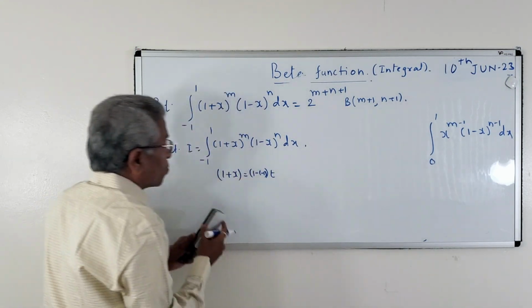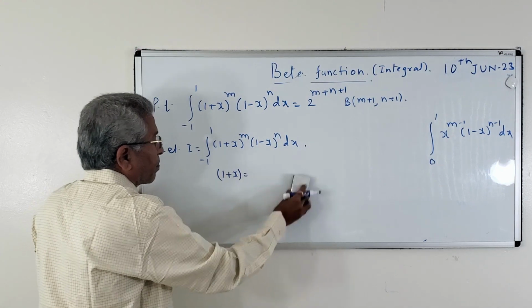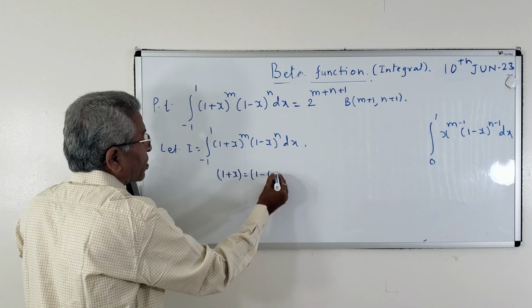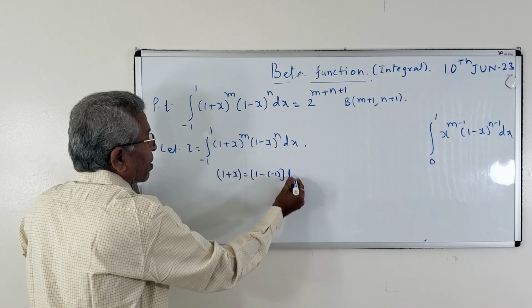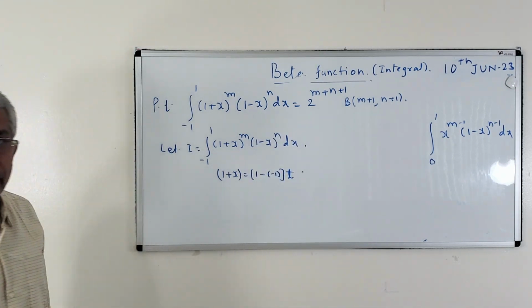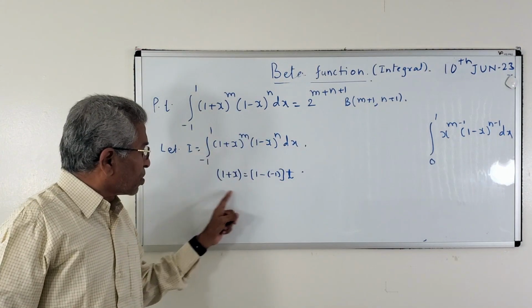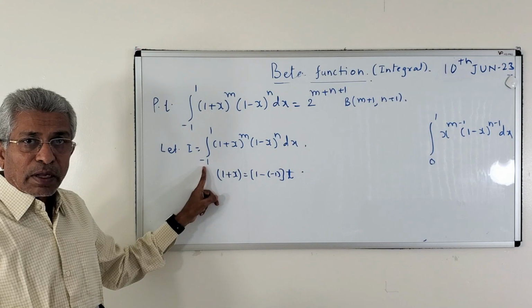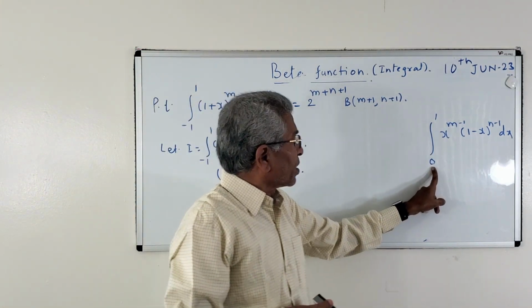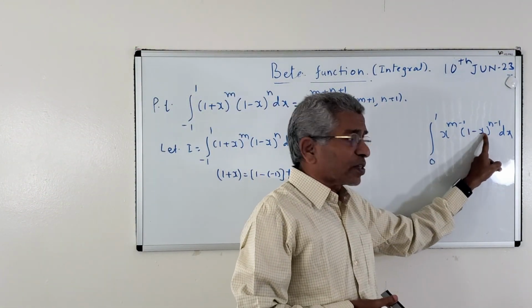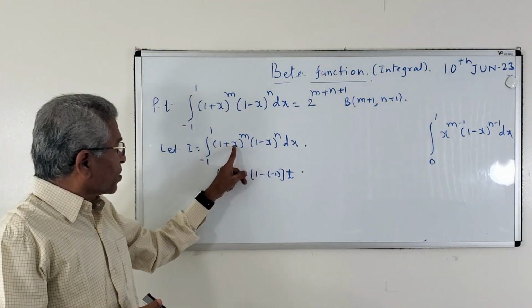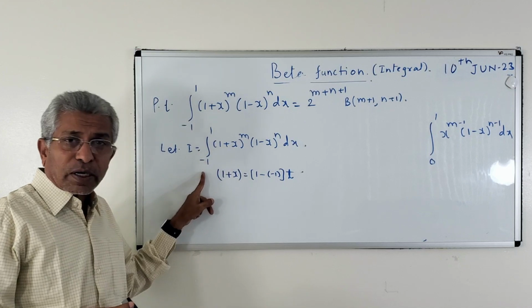Take the difference of these two, upper limit 1 minus minus 1, and multiply by t, a new variable. Always remember this is the substitution when the lower limit is not equal to 0. And if the lower limit is 0, then using 1 minus x you can decide the substitution. So here 1 plus x is 0 for the lower limit, which is not equal to 0.